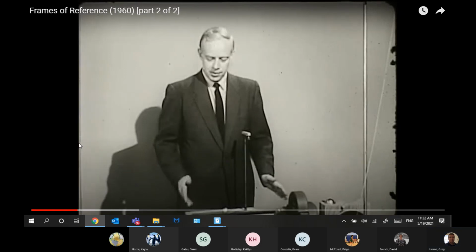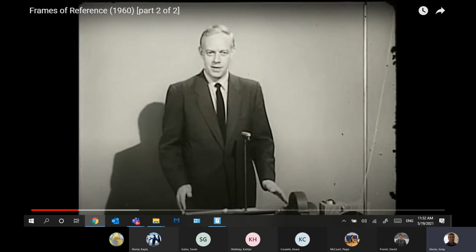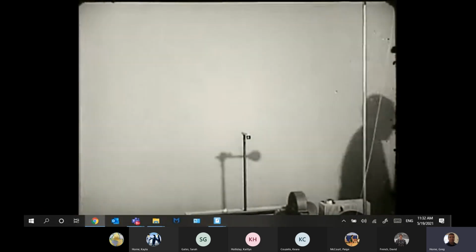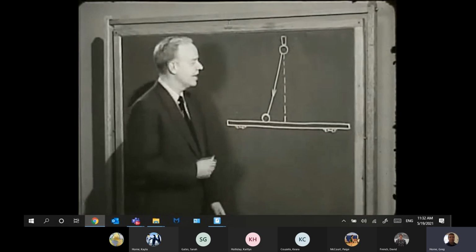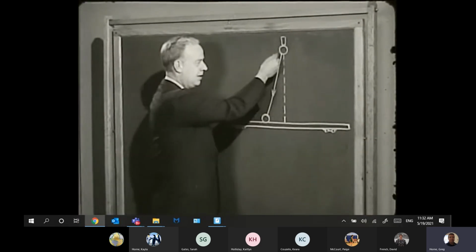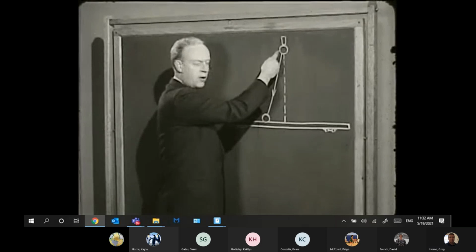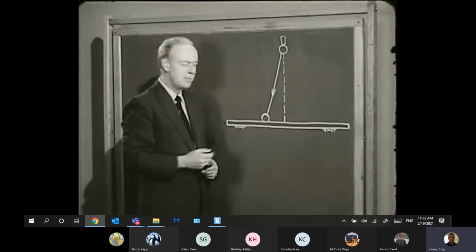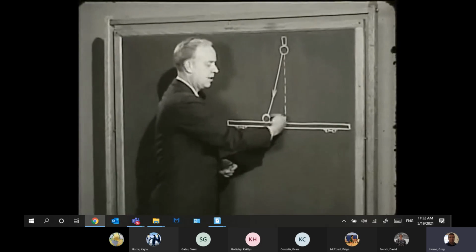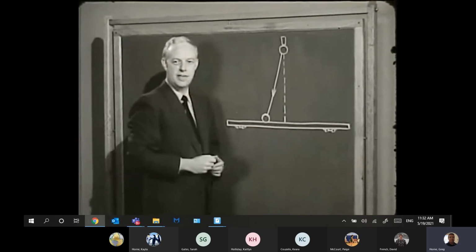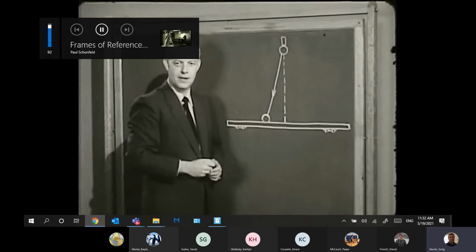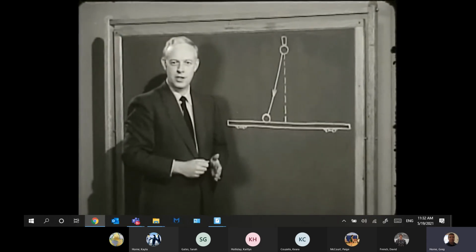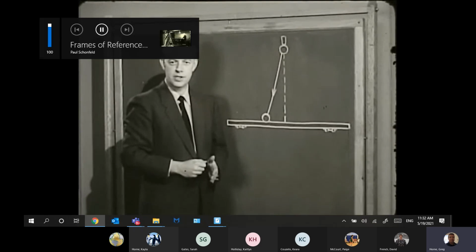Anyways. You were in this accelerated frame of reference. How could you explain this motion? Gravity is the only force acting on this ball, so it should fall straight down. But if the law of inertia is to hold, there must be a force pushing sideways on the ball in this direction to cause it to deviate from the vertical path. What kind of a force is it? It isn't a gravitational, or an electric, or a nuclear force.